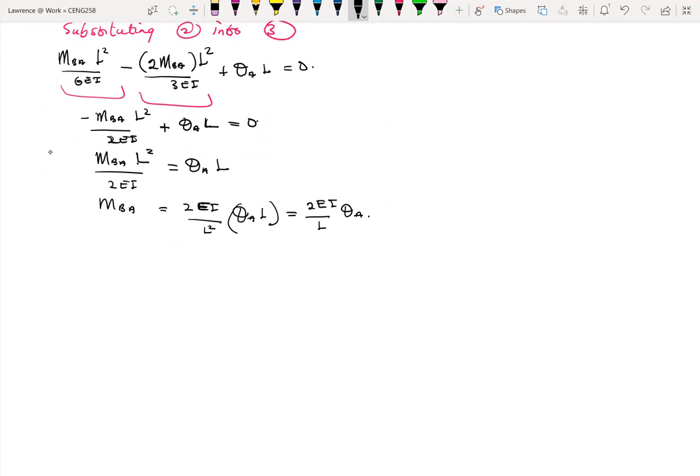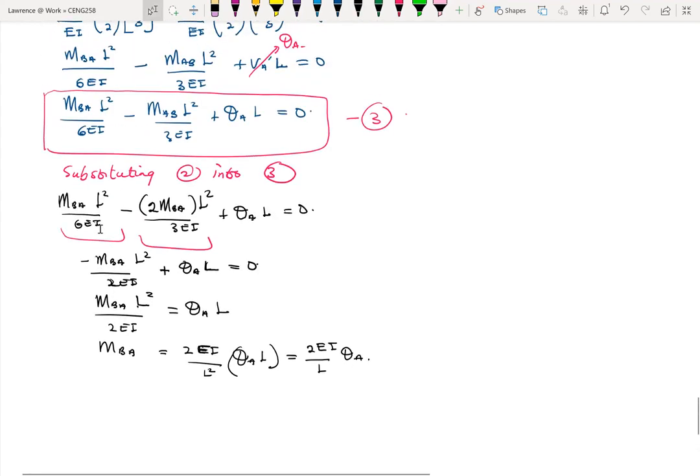Okay, so you've been able to write one of the moments in terms of the rotations, which means that once we're able to determine what the rotation is, then we can determine what the moment will be. And once we know what the internal end moments are, that information will guide us as to what the reactions will be on the structure. So if MBA is equal to 2EI over L theta, then we can also find our MAB.